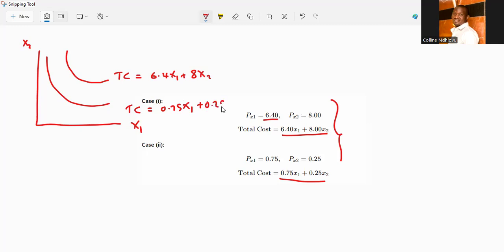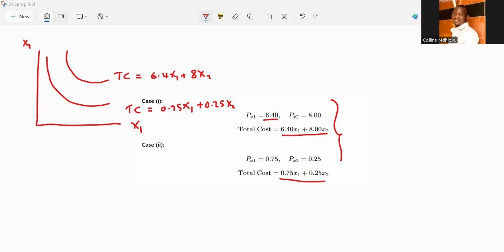I want to see the values of good 1 and good 2 that will give us the lowest cost possible. So we can come up with a table that will help us identify the lowest cost that we're going to get from each case.